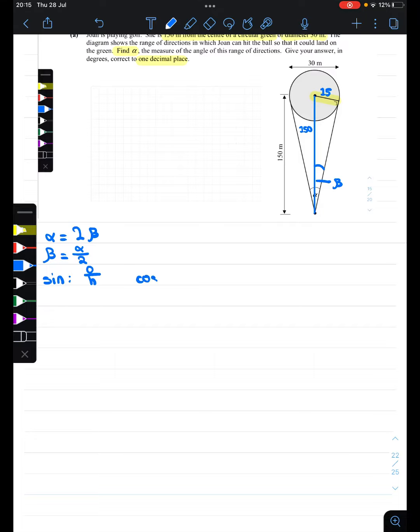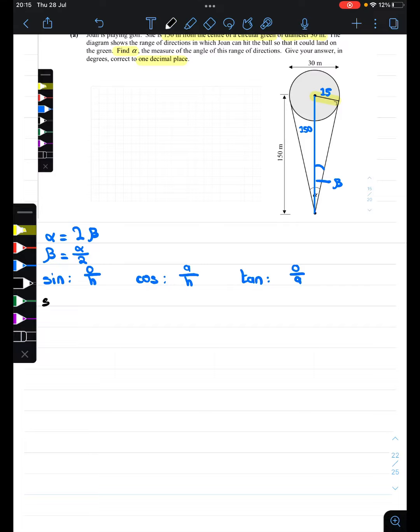We have cosine, which is adjacent over hypotenuse, and we have tan, which is opposite over adjacent. And the sides that we have are the opposite, this side here, and we have the hypotenuse, the side opposite the right angle. So we're going to use sine.